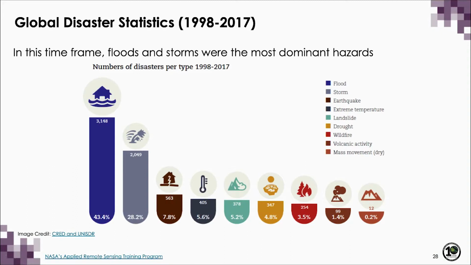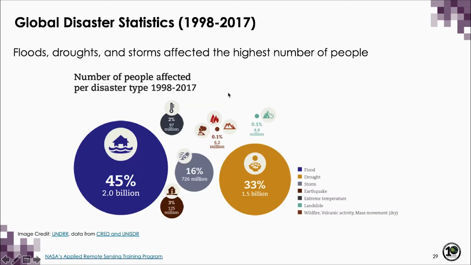If you look at this UN statistical chart from 1998 to 2017, it shows the number of disasters that occurred. Floods are 43.4%, followed by storms at 28.2%, and then earthquake, extreme temperature, landslide, drought, wildfire, volcanic activity, and mass movement. As you can see, floods and storms dominated the number of disasters during this time frame.